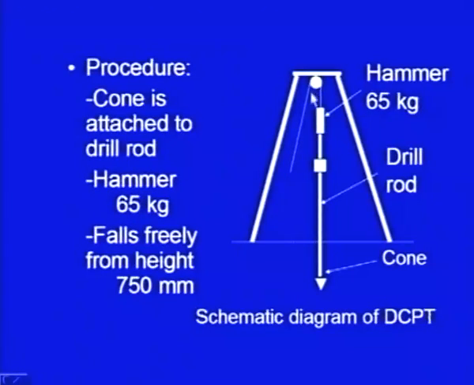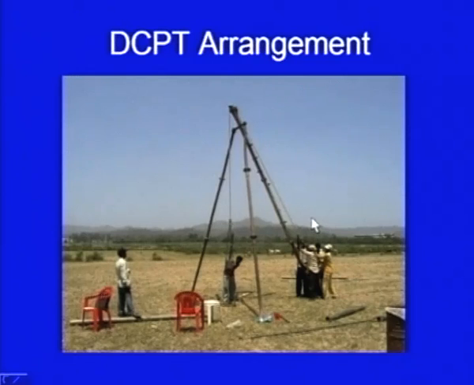It is lifted up using the chain or rope, and the standard height is 750 mm. Then it is allowed to fall freely. This gives an impact, due to which the cone will penetrate into the soil. Here we put marks at 15 centimeter intervals, and we keep on counting the number of blows required to penetrate the cone for 15 centimeter.